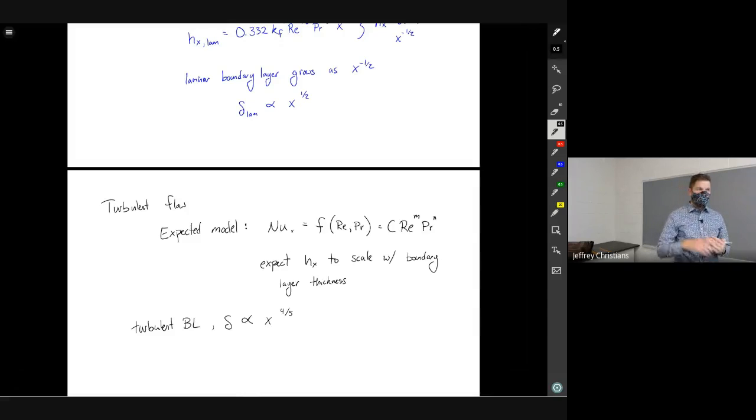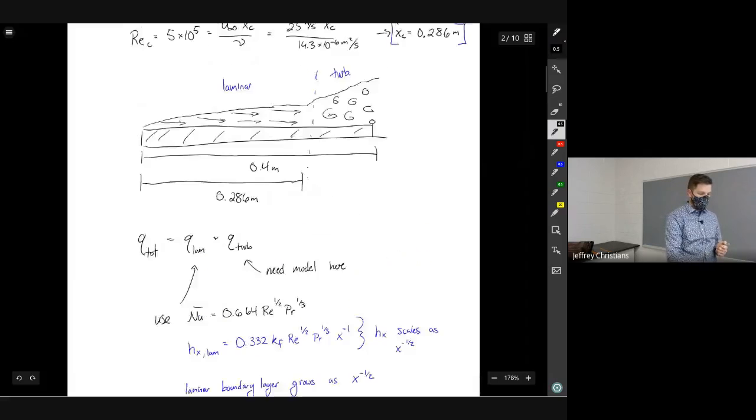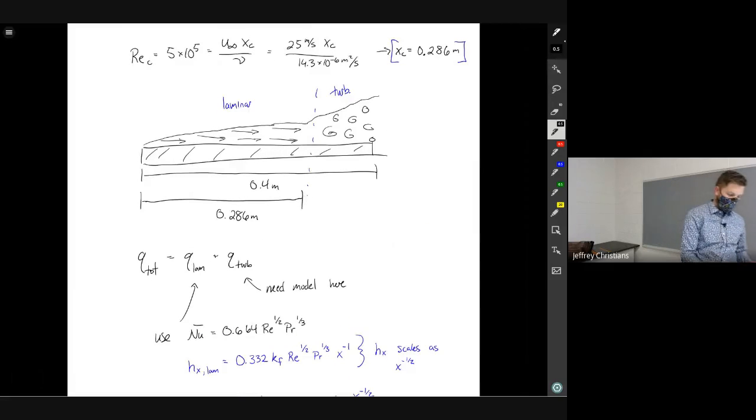So the boundary layer scales as x to the 4/5, which means it grows a lot faster, kind of similar to how I drew it up here. And the laminar part, this thickness here, is proportional to x to the 1/2.